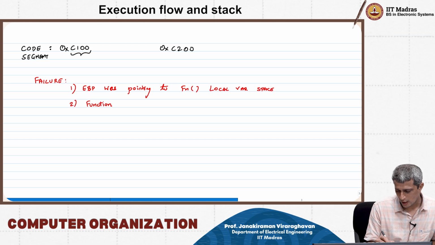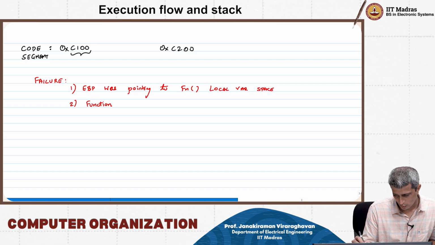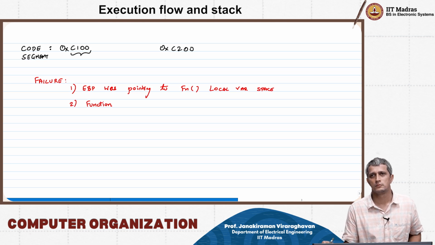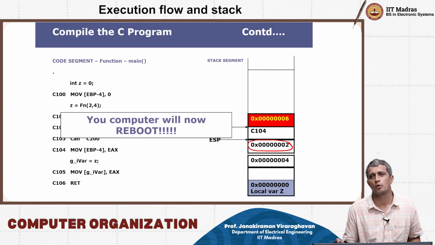Two, my function parameter push was not undone. Right, this is the issue. Okay, therefore if we want to now translate this C program to assembly language, we need to fix these two problems.